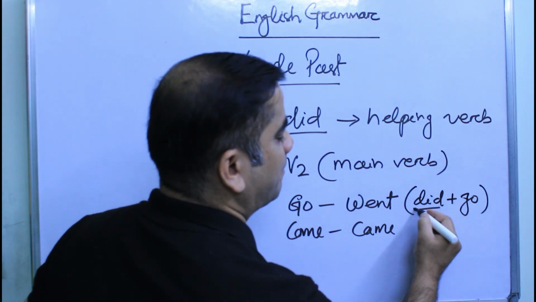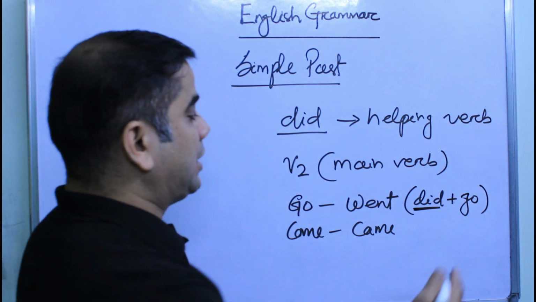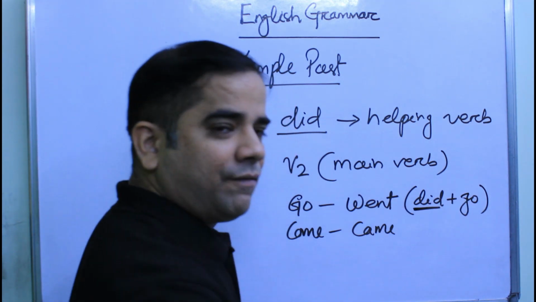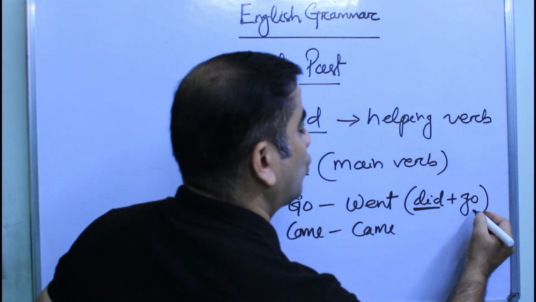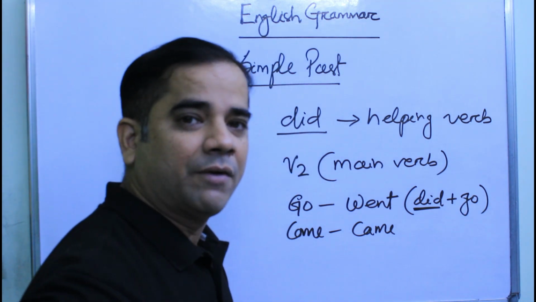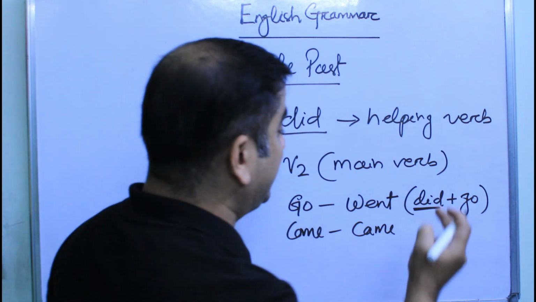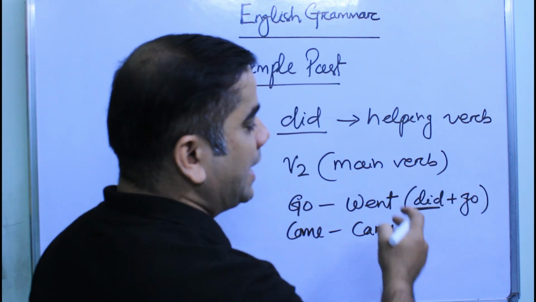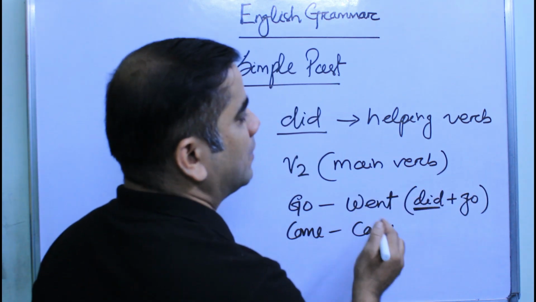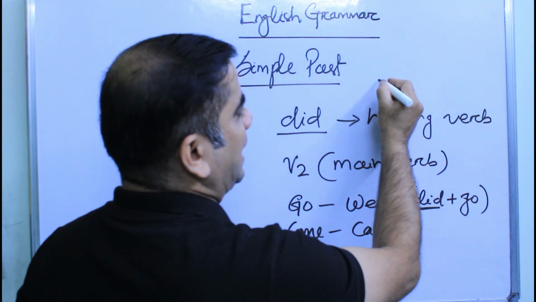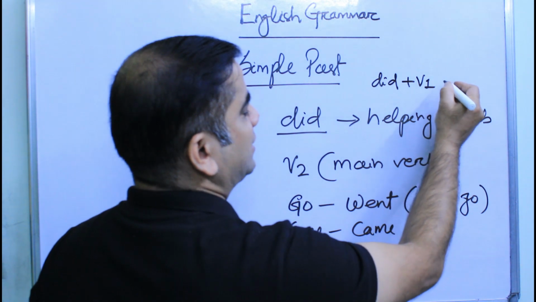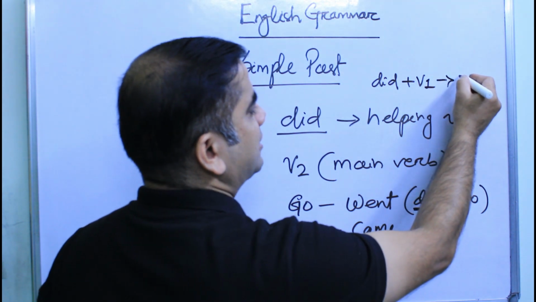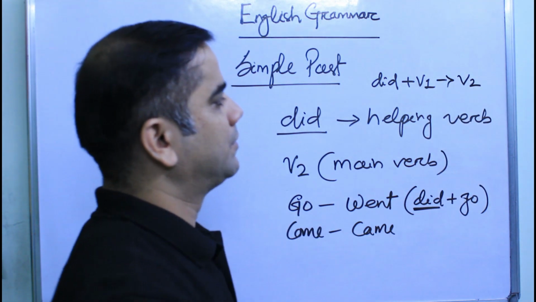Whenever the helping verb is used with the V1 form of the verb, then it goes to the V2 form of the verb. Here go is your V1, first form of the verb. When did is associated with it, it goes to its V2 form. So that means we can say that did plus V1, that is the first form of the verb, gives us V2, the second form of the verb.